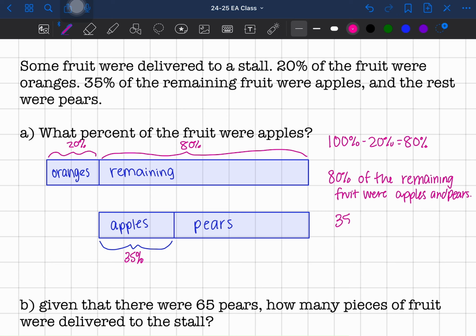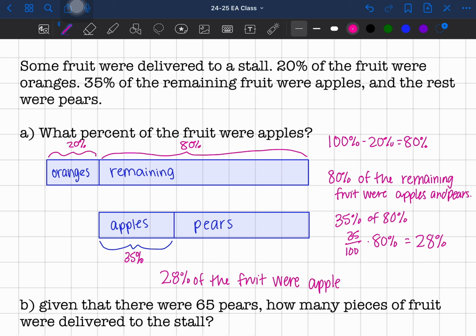So 35% of 80%, which is 35 over 100 times 80, is 28%. So 28% of the fruit were apples, because 35% of the 80% remaining were apples. And so to find the percentage of the total, you have to do 35% of 80%.